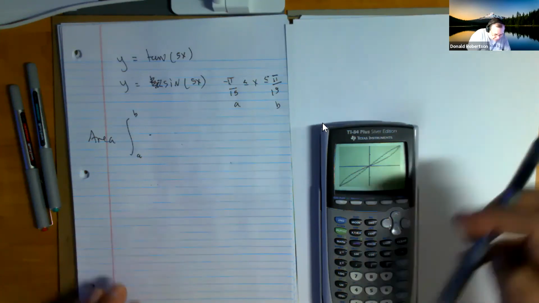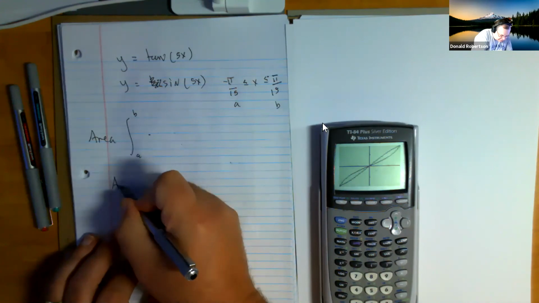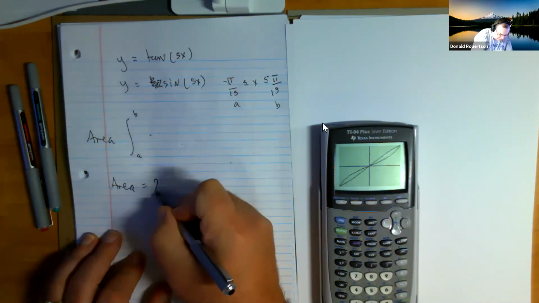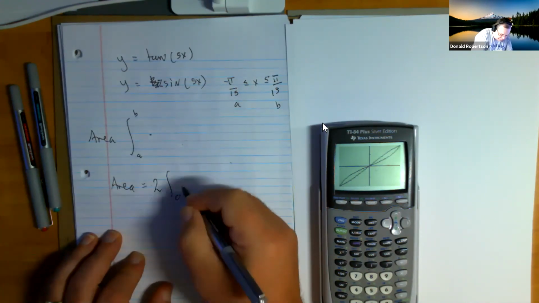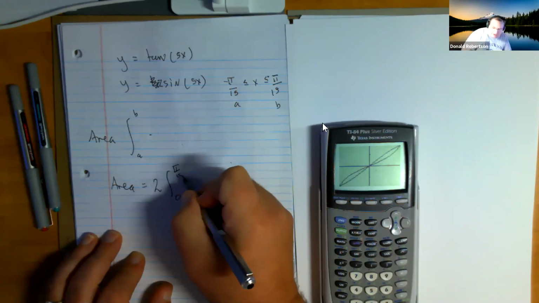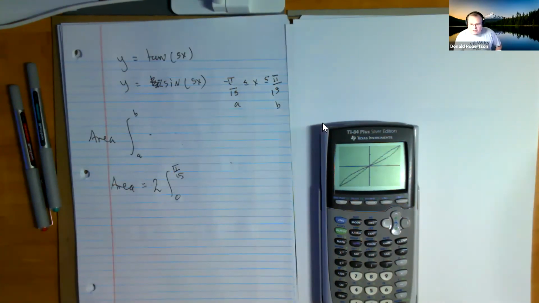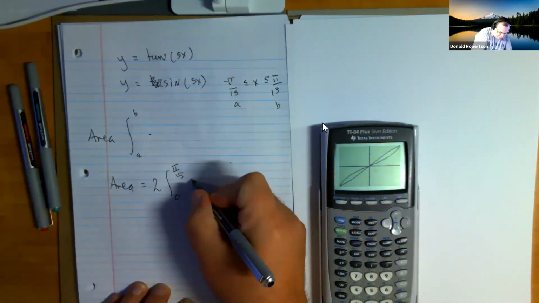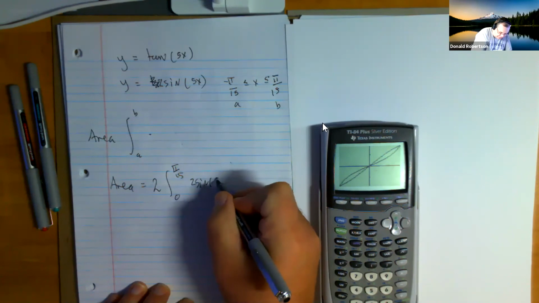So what I'm going to do then is I'm going to take the area and I'm going to say it's twice the integral from 0 to pi upon 15. Are you happy with me doing it that way? So I don't have to do two separate integrals. I can just do one and double the answer. Does that seem reasonable? Right, now, when you look at this shape, the top one is the 2 sine 5x.